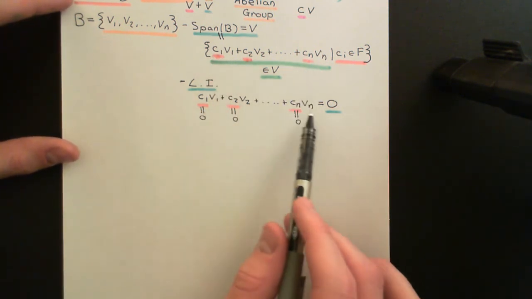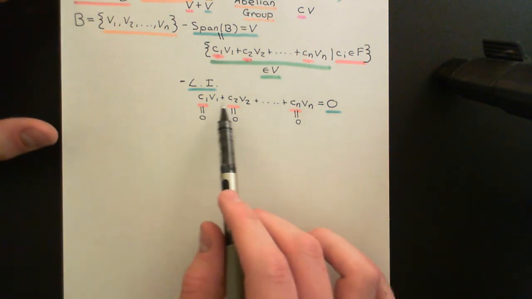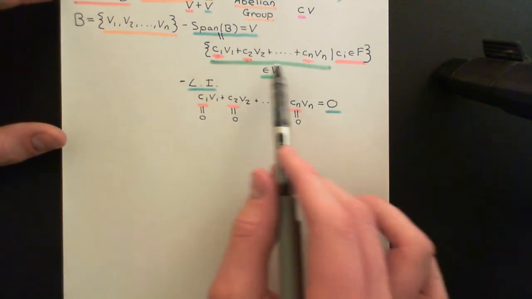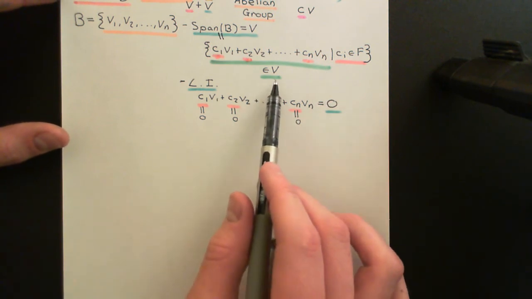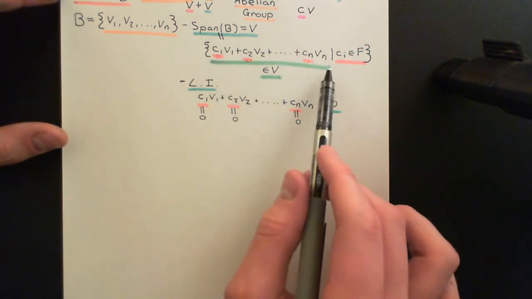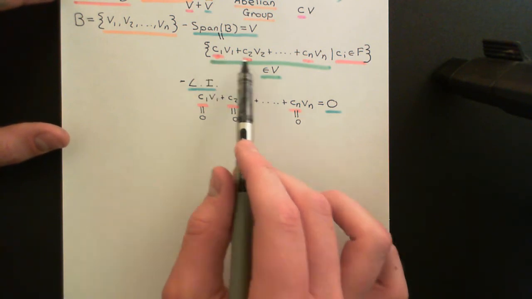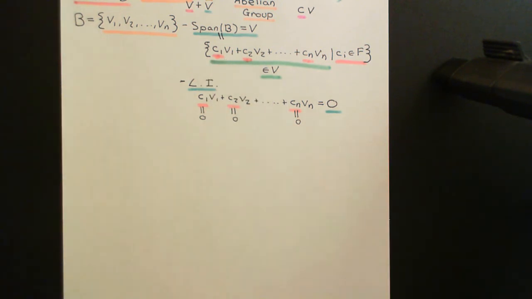The instant you insist that the 0 vector has only one linear combination of these vectors that gives rise to it, it becomes the same for all other vectors in the vector space, i.e. all other vectors in the vector space have only one linear combination of the vectors v1, v2, all the way up to vn, which gives rise to them.